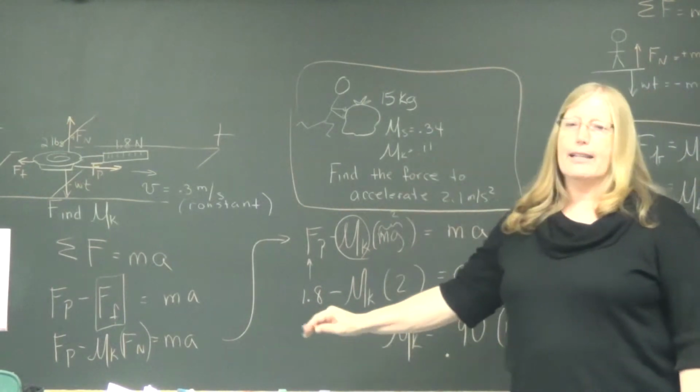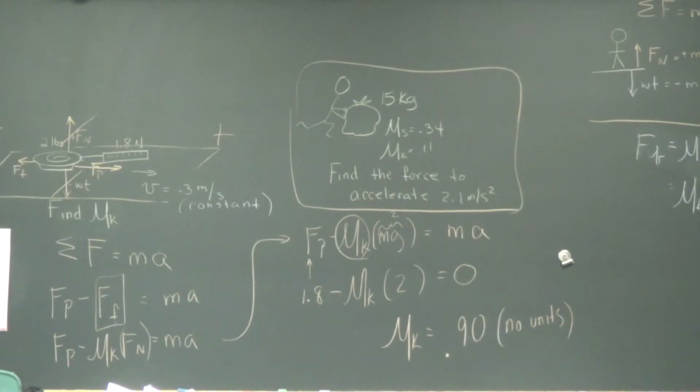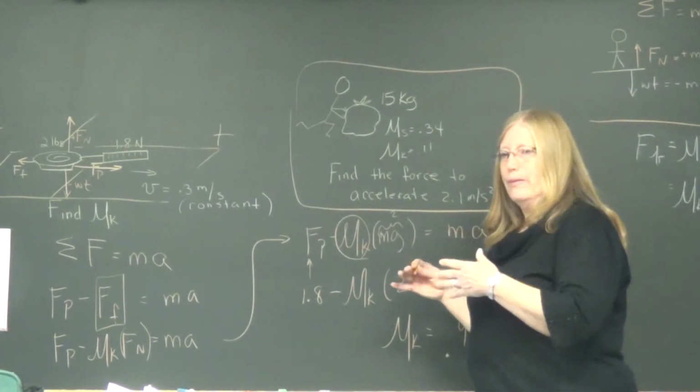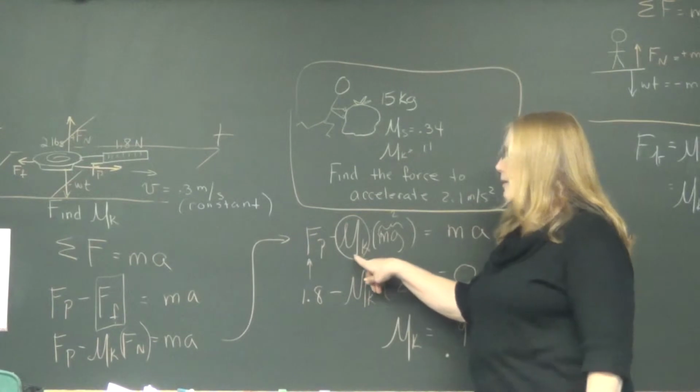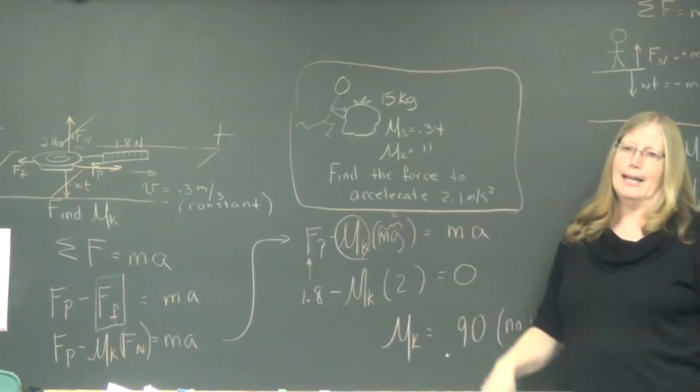This is the exact same kind of problem, so I'll leave the orange work up there, because you'll follow the same thing. The only difference is that at the end we're going to look for something different. We're not going to look for mu sub K, because they told us mu sub K.